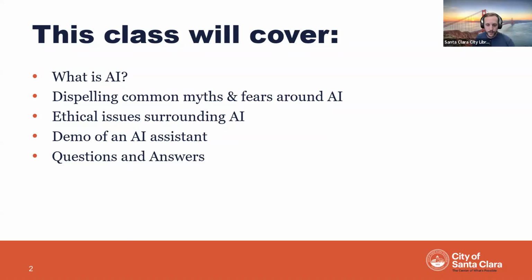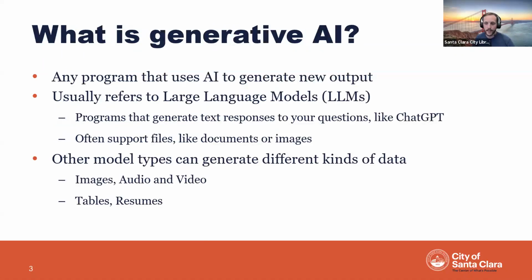So first off, we're going to talk about what is AI. You can see on my slide, it says, what is generative AI? Because when we talk about AI nowadays, by and large, what is being referred to is generative AI. That means a service, a program, a tool that uses AI to generate new content, typically based on prompts that you put in.